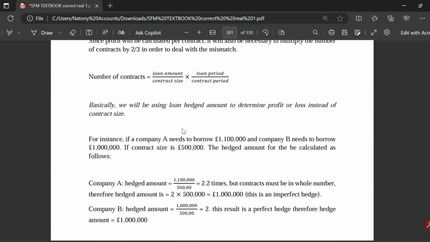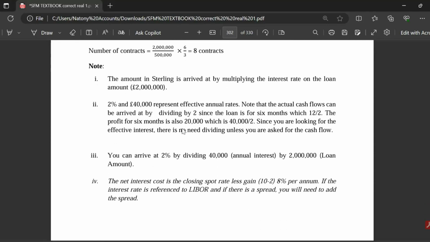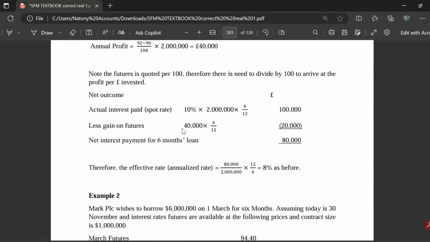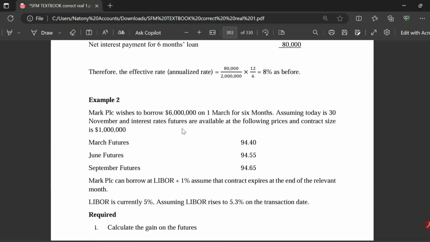I'll be looking at a simple example here, on how to solve questions as it regards interest rate futures.